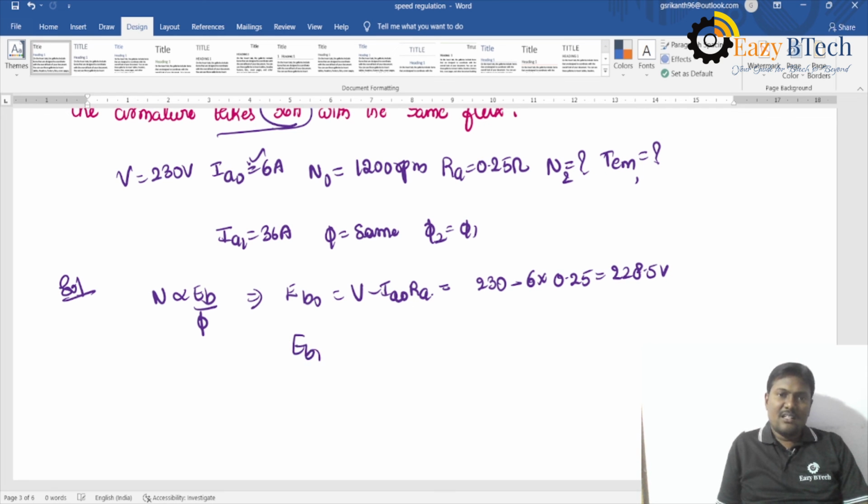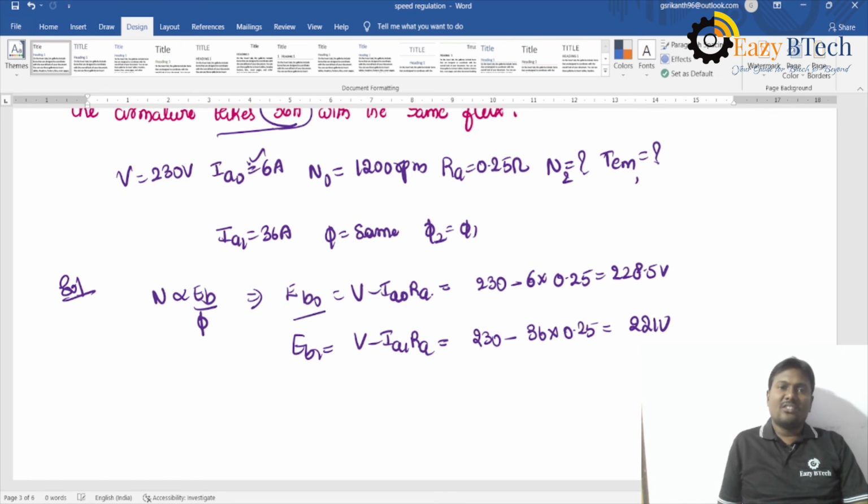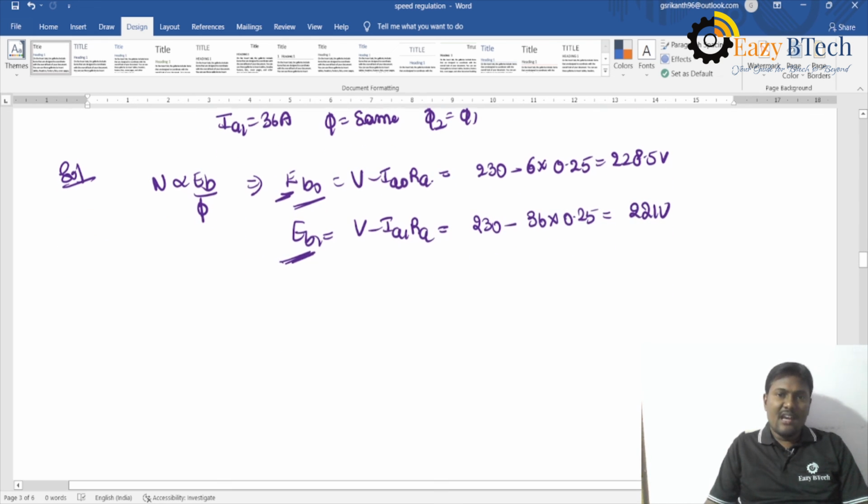Eb1 is equal to V minus Ia1 into Ra, it is 230 minus 36 into 0.25, that is 221 volts. This is a no load back EMF. What does no load back EMF mean? This back EMF is developed under no load conditions. Then substitute the values.